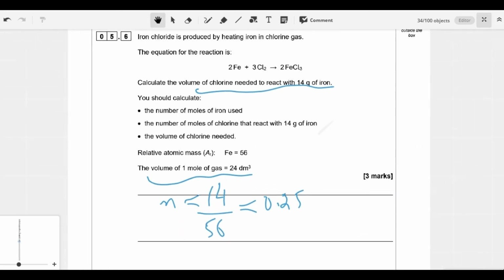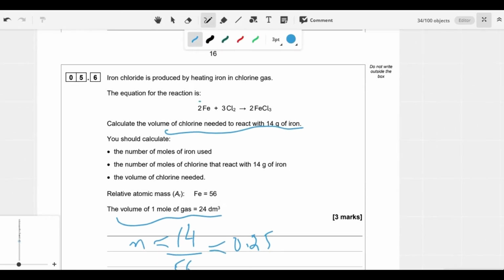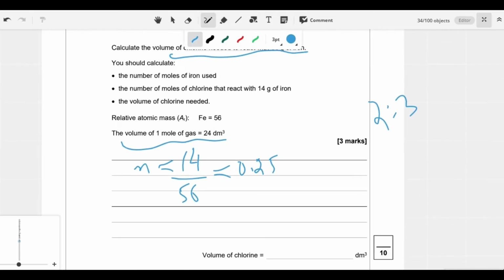Now you have to compare the molar ratio. The molar ratio of iron and chlorine is 2:3. So it means you need to multiply the moles of iron by 3 and divide by 2 to get chlorine moles. The chlorine moles will be 0.375.